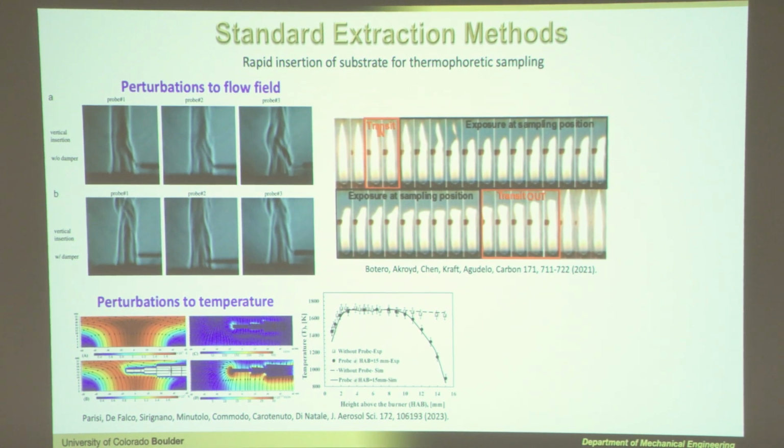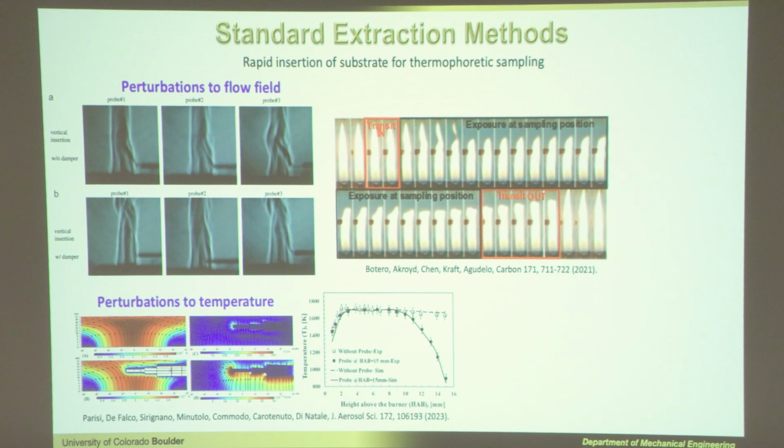And then this is measurements of the temperature as a function of where the probe is inserted in the flame. So you see that there can be a distribution of temperatures. Here's the question, and this is true for all sampling: you stick the grid in.